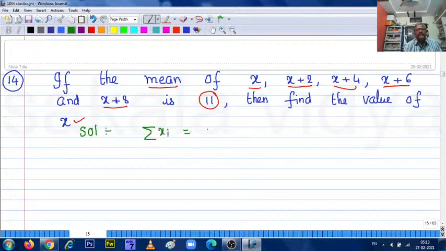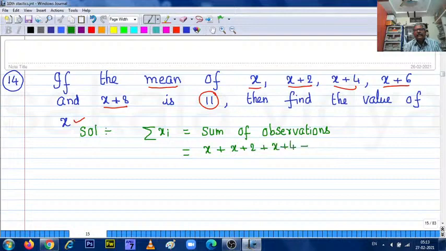Sigma xi is equal to the sum of observations. So that is x plus x plus 2, x plus 4, x plus 6. This equals x plus x plus x plus x is 4x, 6 plus 4 is 10, 12 plus 12. This is 4x plus 12.